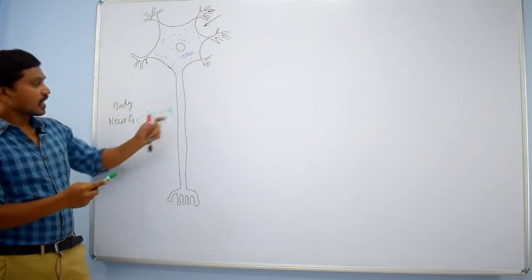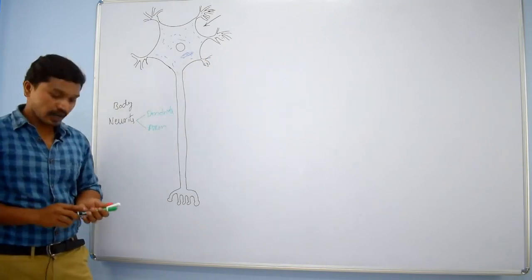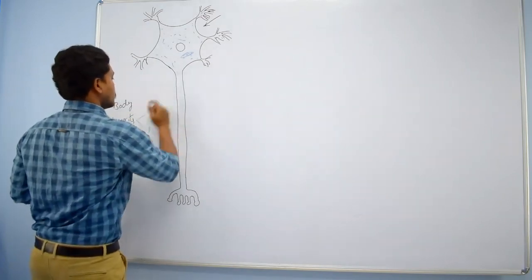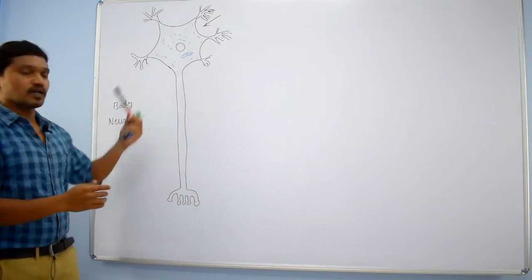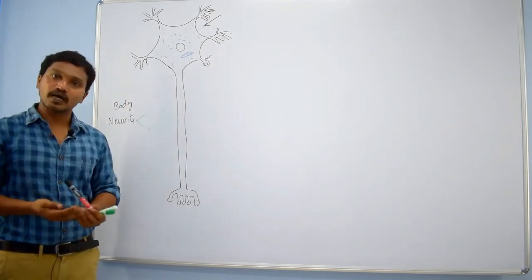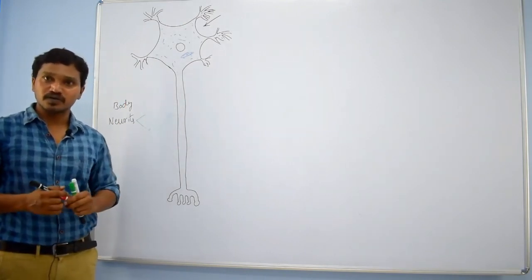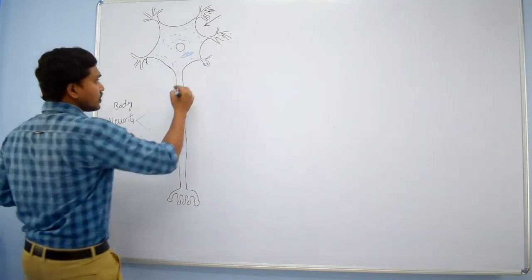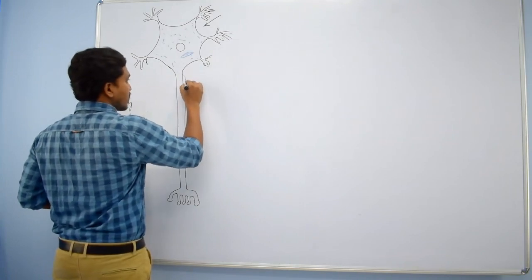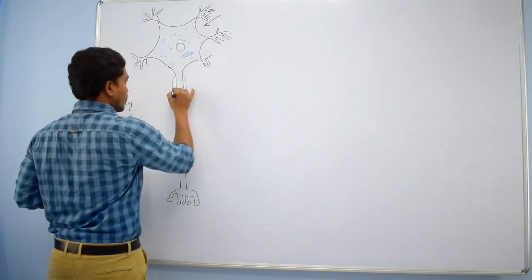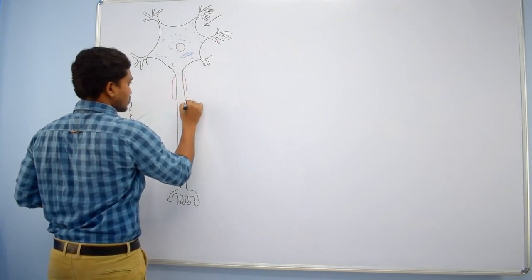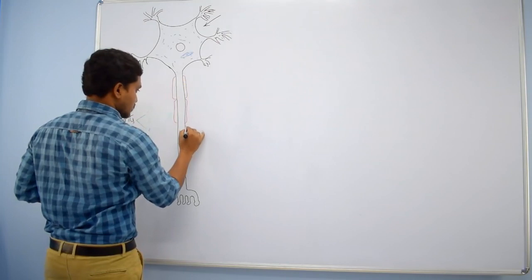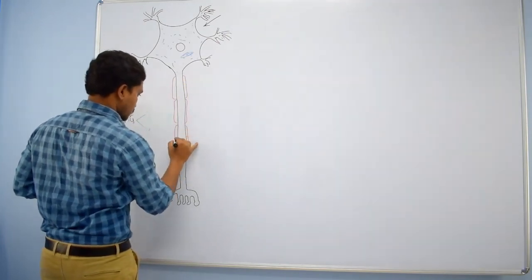Then this axon is surrounded by a myelin sheath. Actually, I am taking a typical neuron. Of course, some unmyelinated nerve fibers are also there, but I am taking a typical neuron. Here, this axon is surrounded by a myelin sheath. This myelin sheath is formed by Schwann cells in the peripheral nervous system.